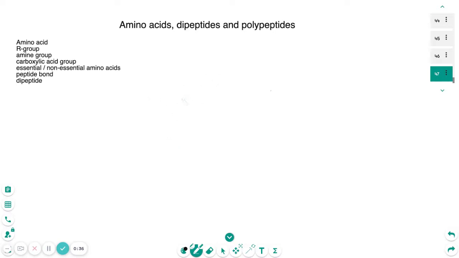So, draw an amino acid: we do N, C, C, and the N has got two hydrogens coming off it. We have another hydrogen coming up the top of the middle carbon with something called an R group, a hydroxyl group coming off the carbon, and a double bond oxygen. Hopefully, you're starting to recognize this now.